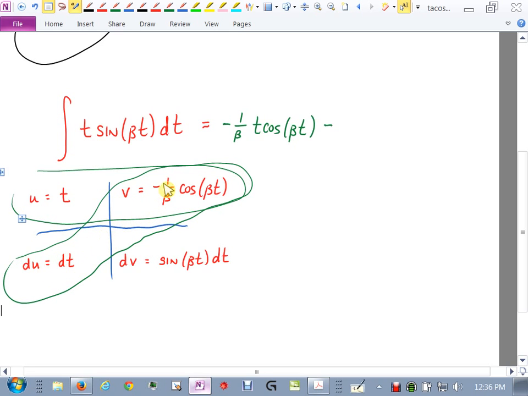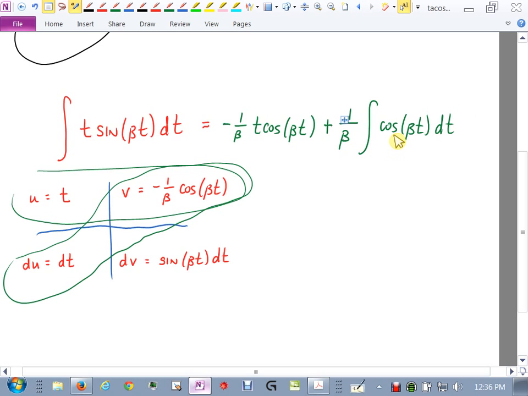When I put it here, what's the constant? Negative 1 over beta? Can I pull that out of the integral? And when I put it together with this negative, it becomes plus. So I'm going to have 1 plus 1 over beta, and then inside that integral is cosine beta t dt.